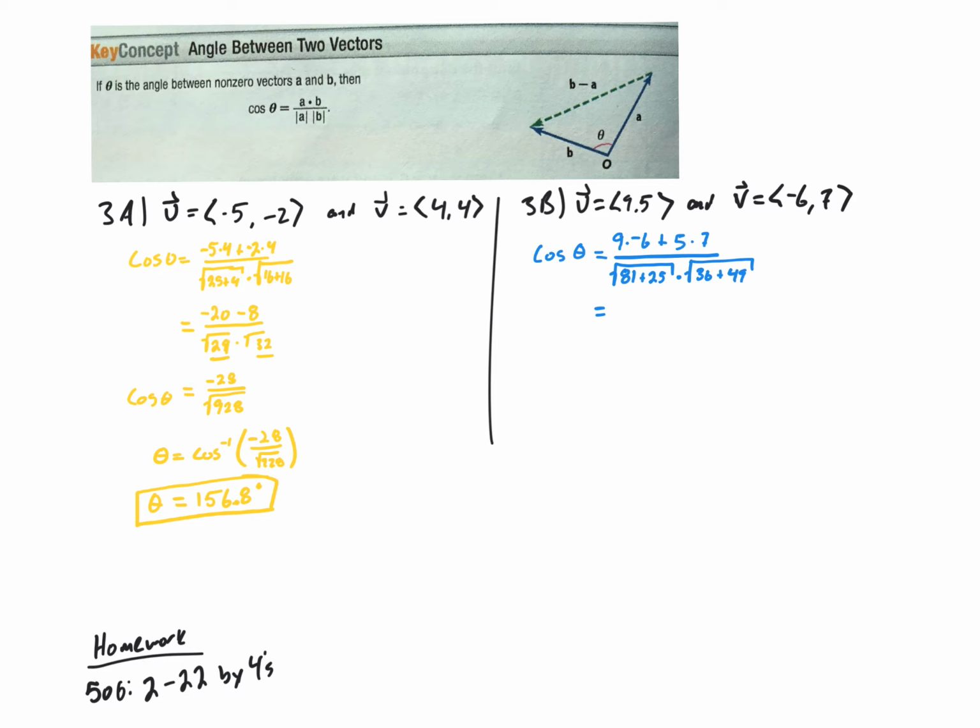This is going to give me negative 54 plus 35. So on the top, those are subtracting. I believe it's going to give me negative 19 over the square root of 9,010 when I multiply the 106 times 85.